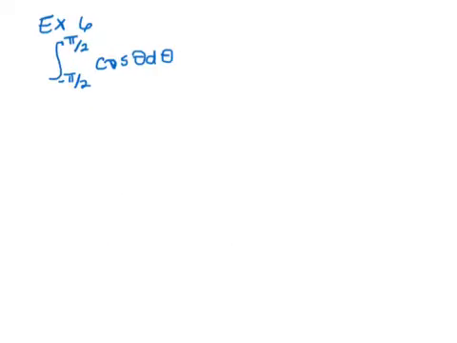Okay, I have a last example, the integral from negative pi over 2 to pi over 2 of cosine theta d theta. Now it does not matter what the variable is, as long as this one and this one match. So what we took the derivative of to get cosine is sine. So sine theta.